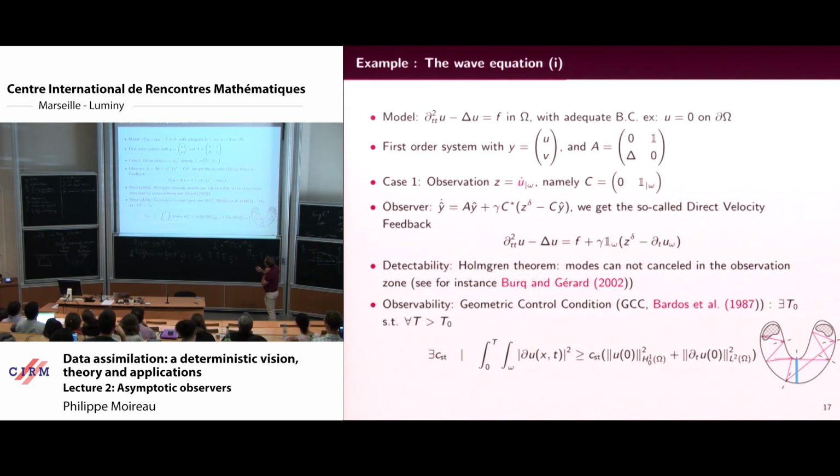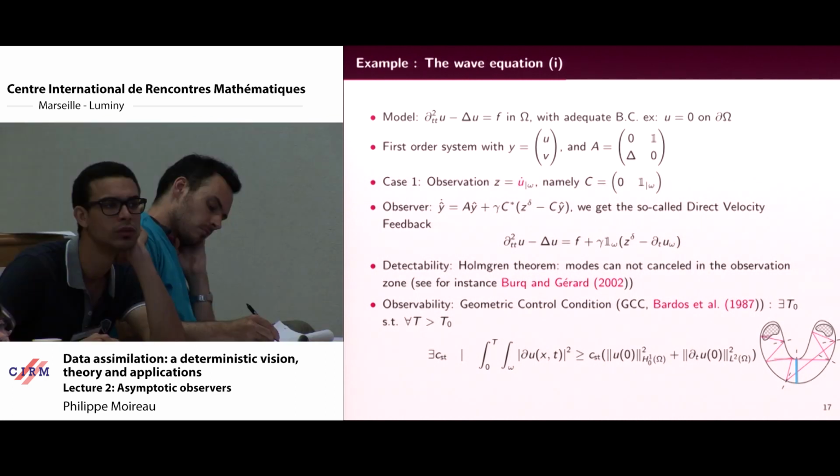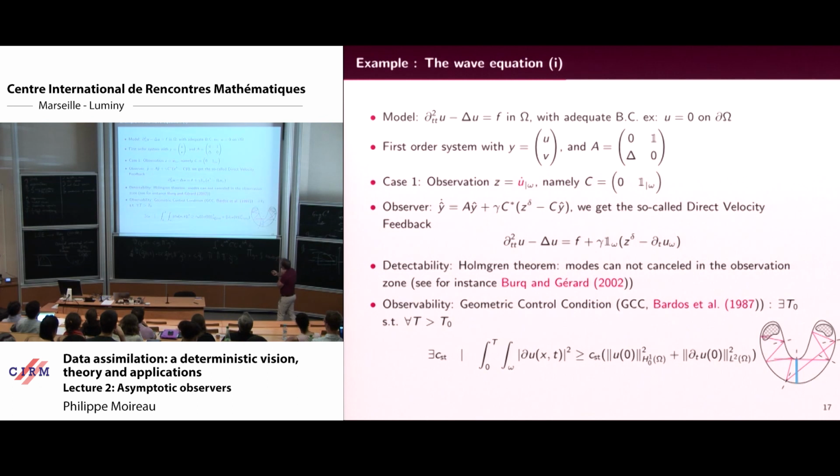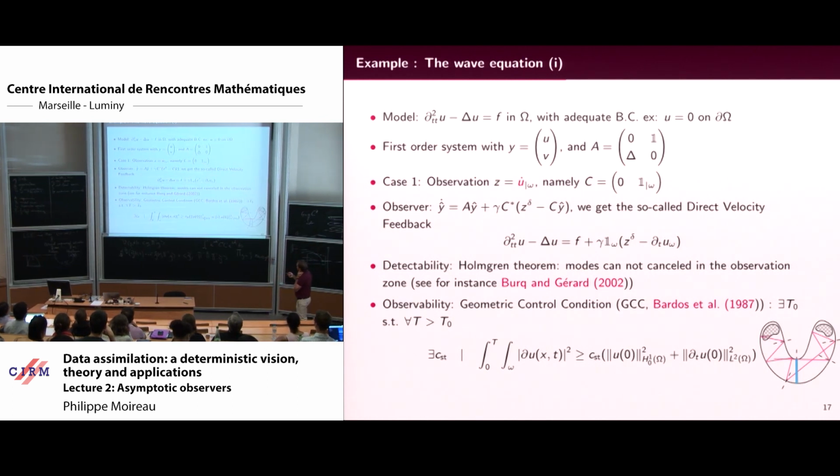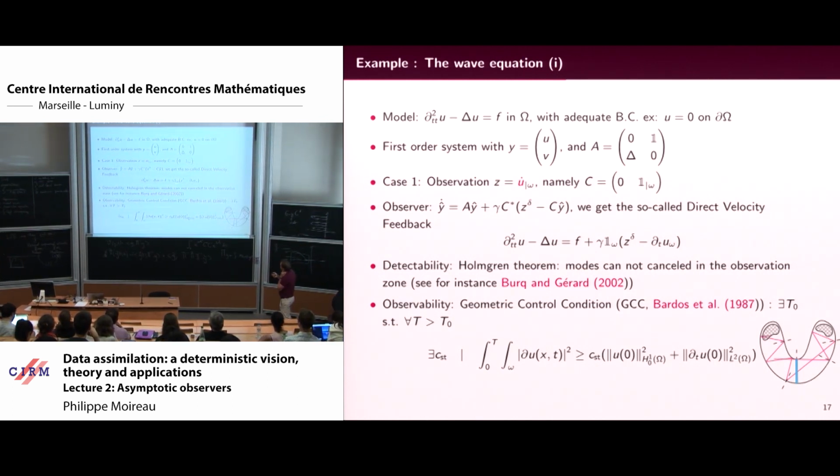Sorry, I missed the hat here. So here you have hat, hat, hat. If I measure the velocity, my estimator should be based on the difference between the velocity that I measure and the velocity that I can compute. And if I see a difference, I put some kind of force that has the good sign in order to counteract the error measurement.